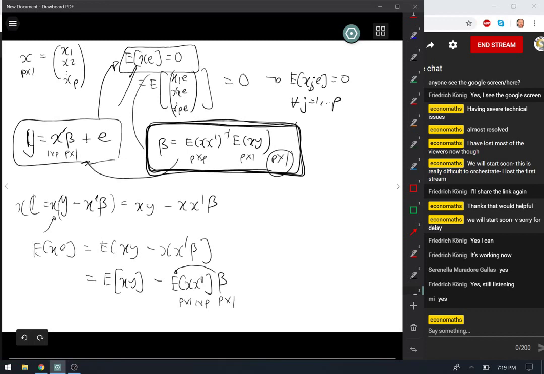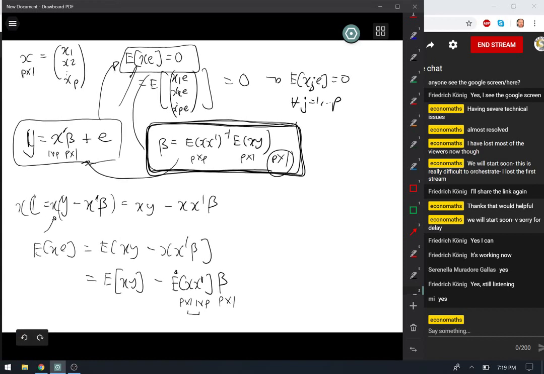You can't put it over there because it wouldn't work. You can't have a p by 1 times a p by 1. These two have got to be conformable. So be comfortable working with the definitions of vector multiplication. If it's a scalar, of course, it doesn't matter whether you multiply on the right or the left because they're all 1 by 1.